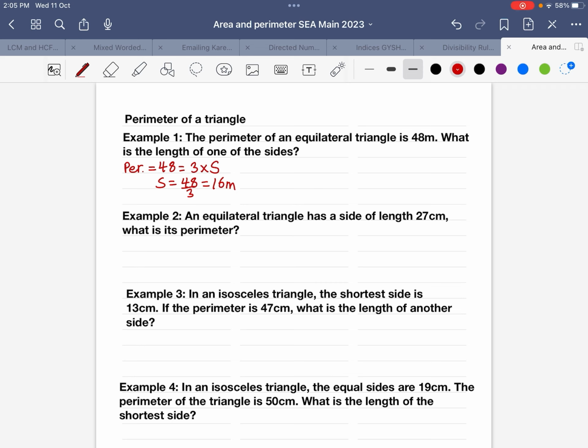Example 3. In an isosceles triangle, the shortest side is 13 centimeters. If the perimeter is 47 centimeters, what is the length of another side? This means that the other two sides are equal.